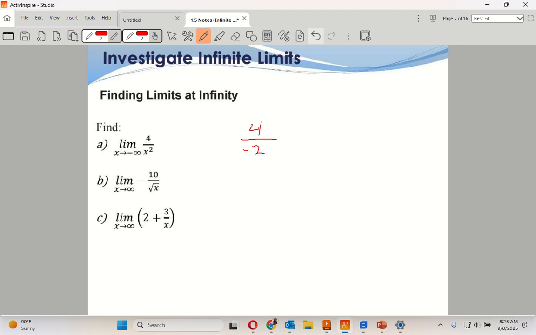So you'll see in a second. So as I keep going, this would be negative 2. As the number keeps getting bigger and bigger and bigger on the bottom, it keeps getting infinitely smaller and smaller and smaller. So it started at 4, and it started going down as the bottom number keeps getting bigger.